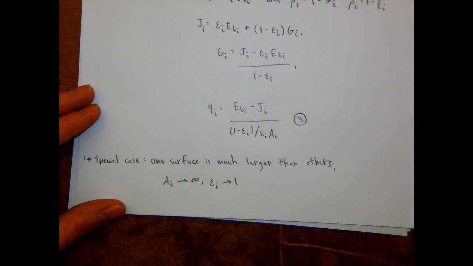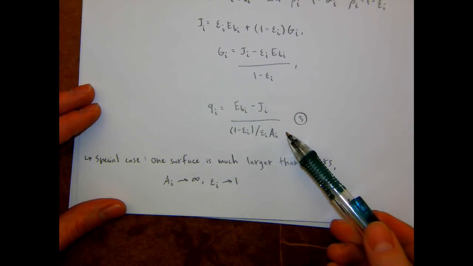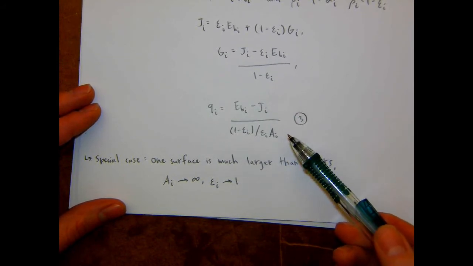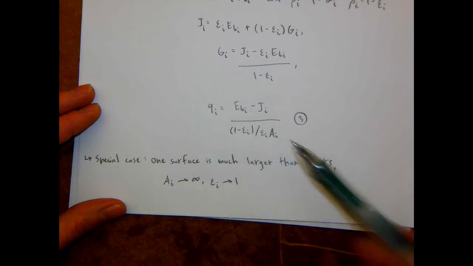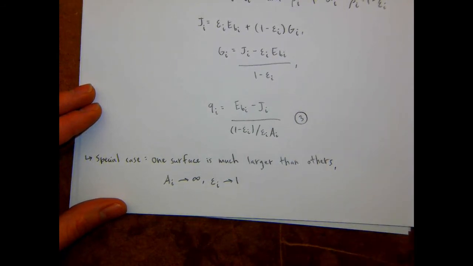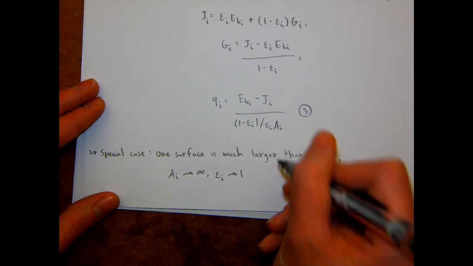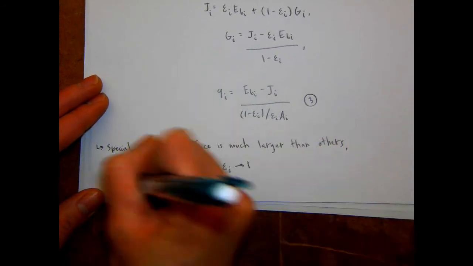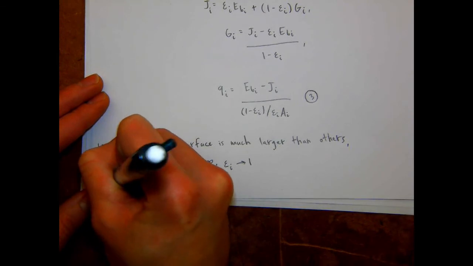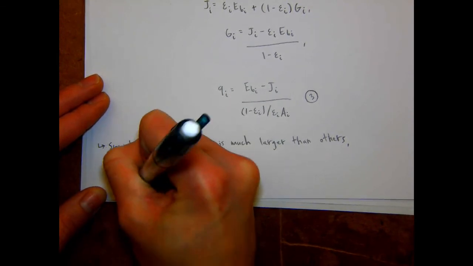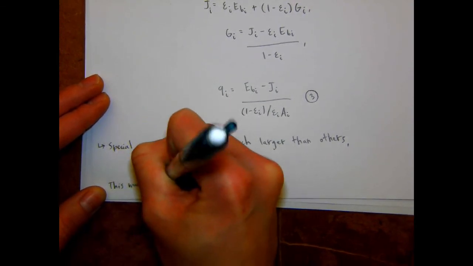So you can show that this expression is just a generalization of that behavior for multiple surfaces. So we can say this much larger surface approximates black body behavior.